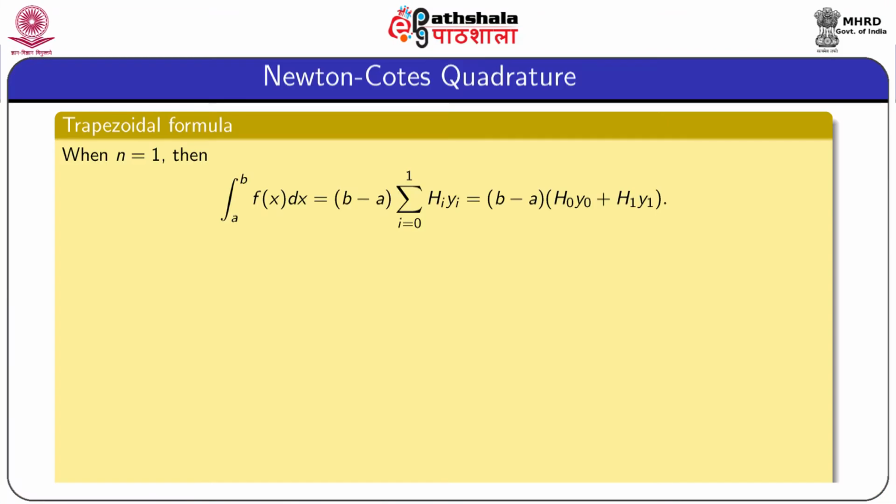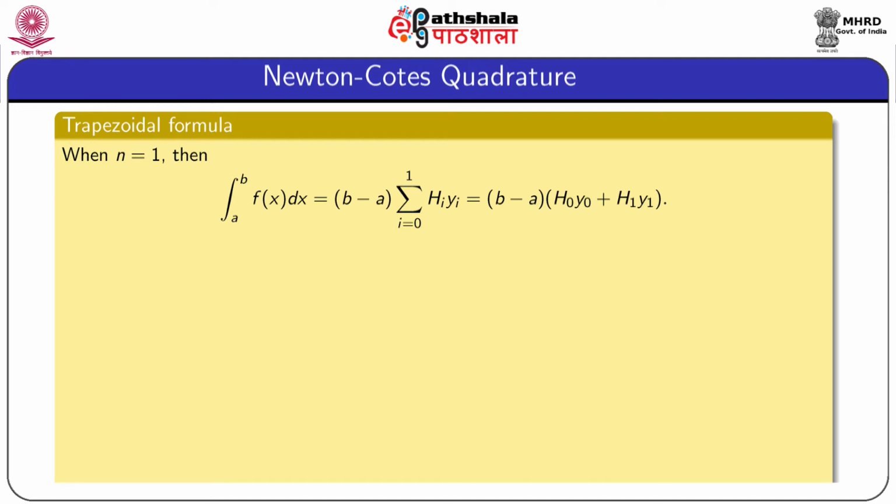For example, when n equal to 1 we obtain the trapezoidal formula. When n equal to 2 we obtain another quadrature formula called Simpson one-third formula, and so on. Now we discuss different types of Newton-Cotes quadrature formula for different values of n.